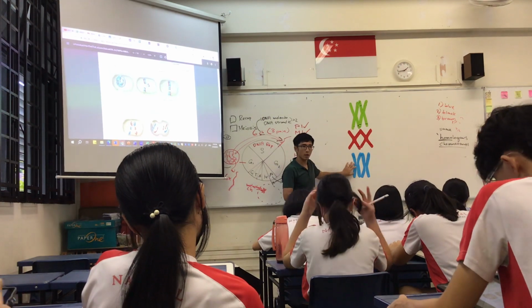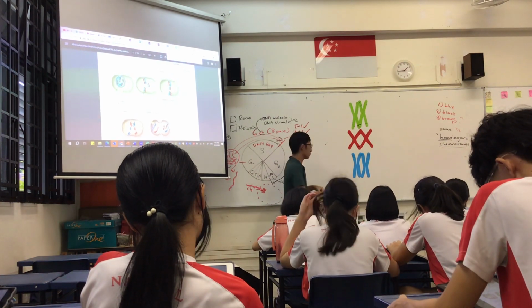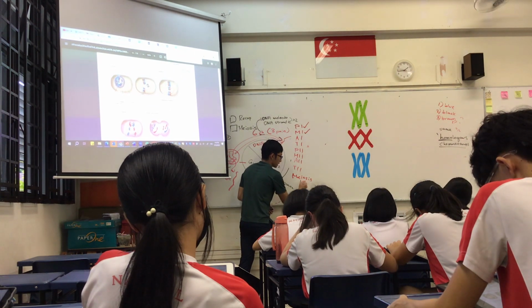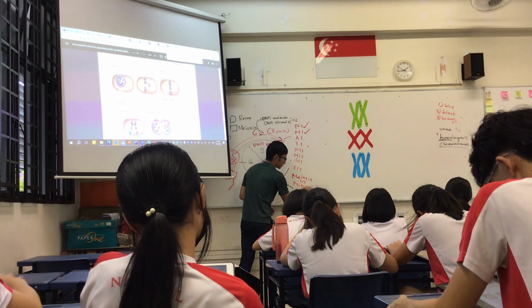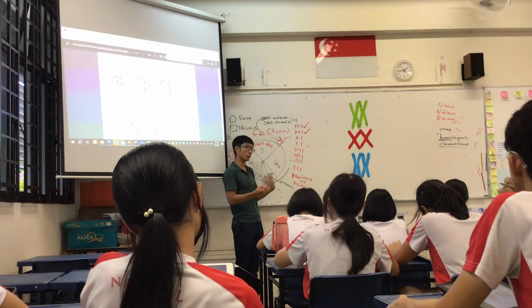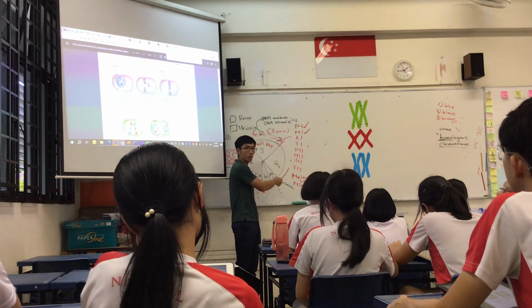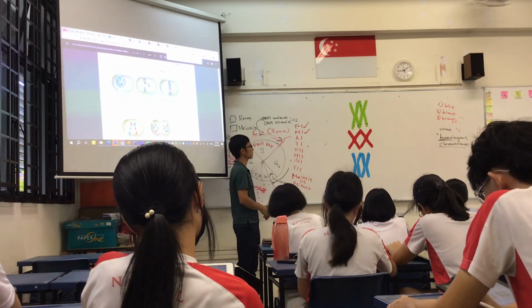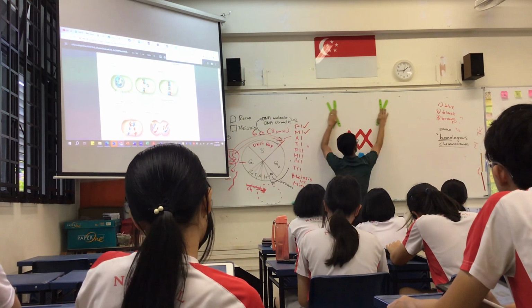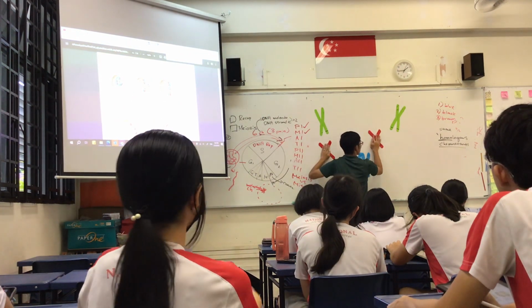Anaphase 1. I want you to spot as many differences as you can when you compare meiosis versus mitosis. Later on, we will summarize all the differences. In anaphase 1, we will separate the homologous chromosomes.